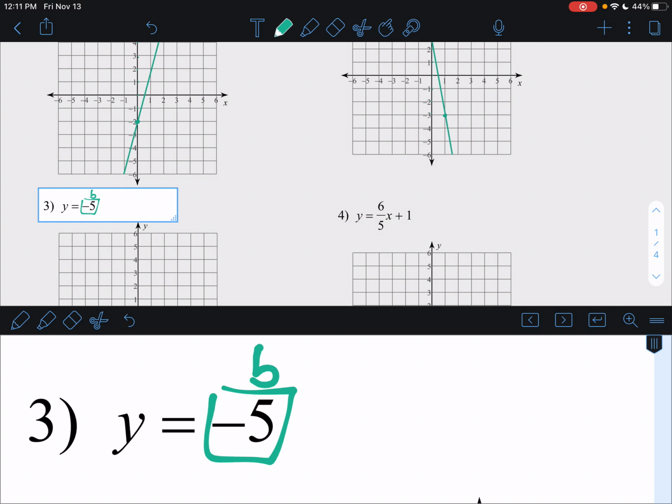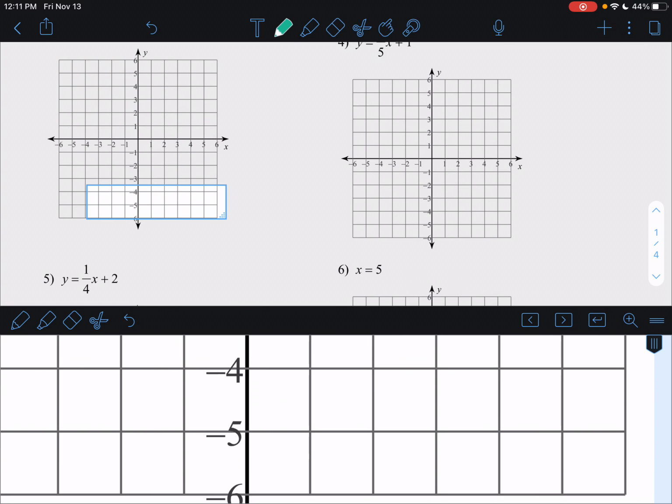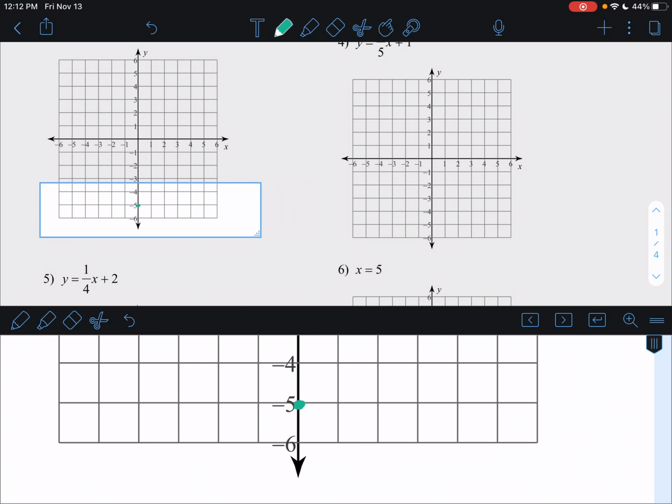But with anything like this, it says y equals negative 5. So I'm going to go onto my y-axis and find negative 5. So there's negative 5 on the y-axis. And I just want to make a line that is going to go straight across, because that is just going to be a straight line.